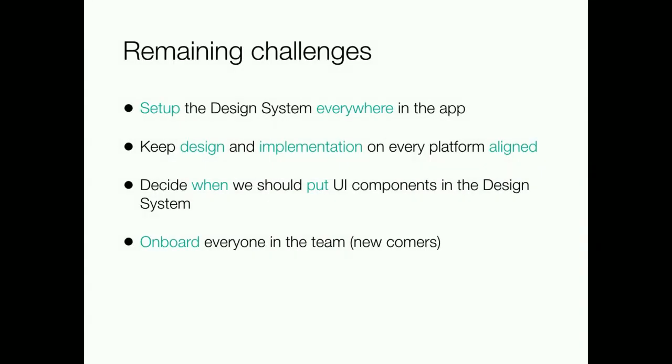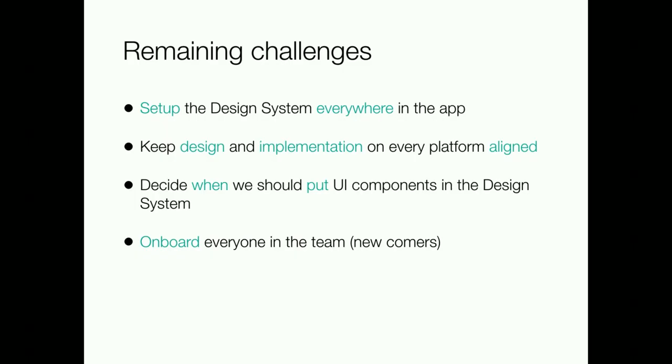When I say it's very nice to create new features, it's not that easy to set up and put in place. So we have a few remaining challenges with our design system. The first thing is to set it up everywhere in our application. We started the project about 2 years ago, and it's still not finished.